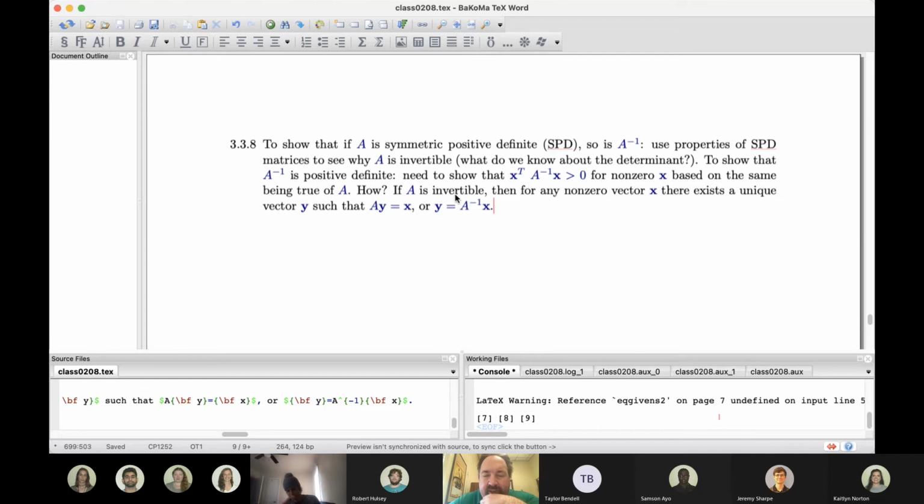This is a property that's best to use: if A is invertible, then this system can always be solved. Any non-zero vector X, you have this relationship. Any questions about that?